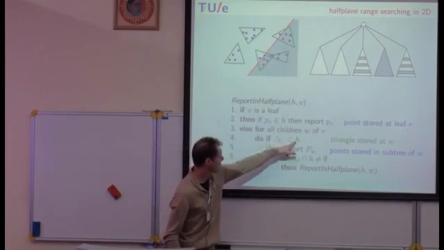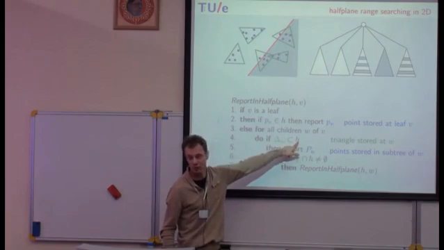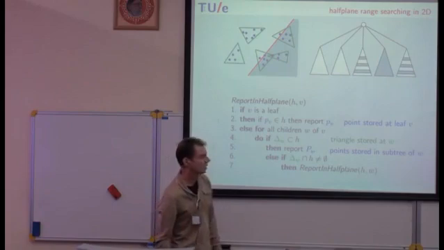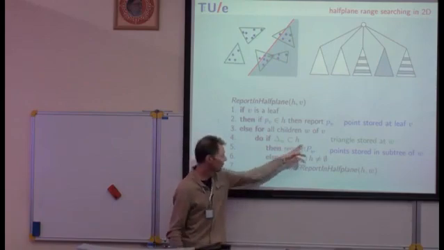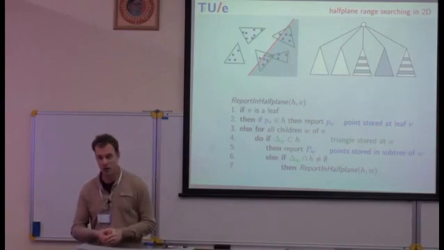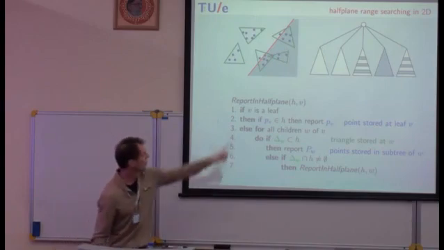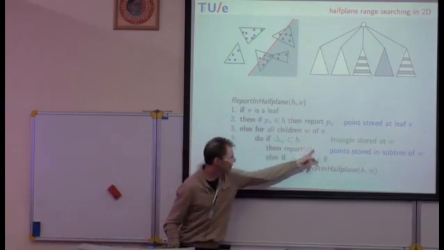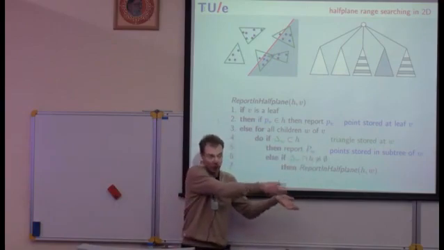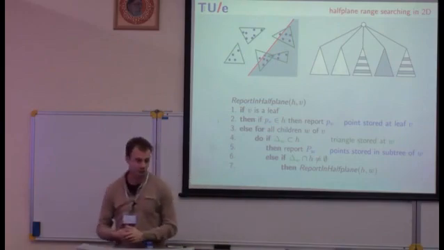Check if it's completely inside the half plane. Then, if you want to report, you report all the points, so you go down the tree and report everything. If you want to count, then you have stored how many points you have in the subtree, so you simply add that to the counter that you're maintaining.